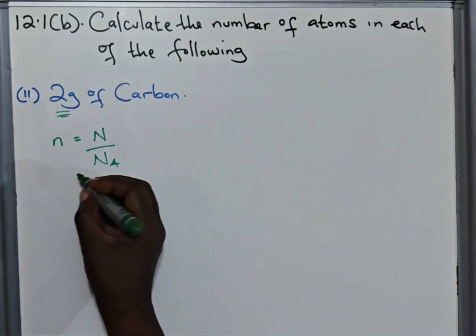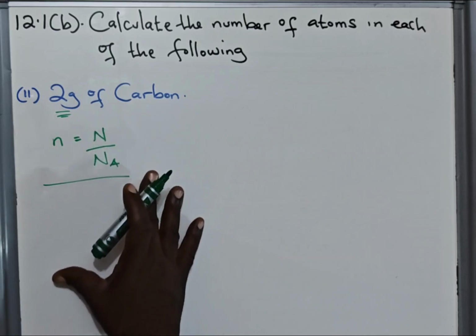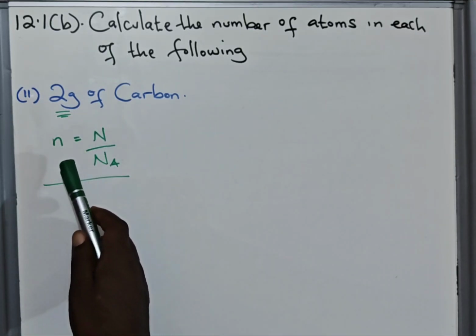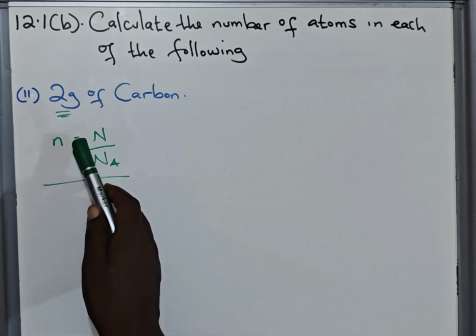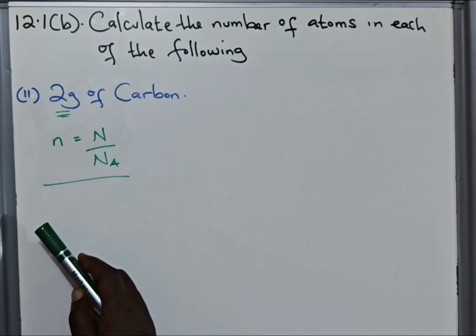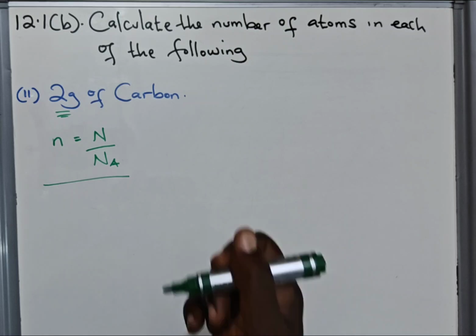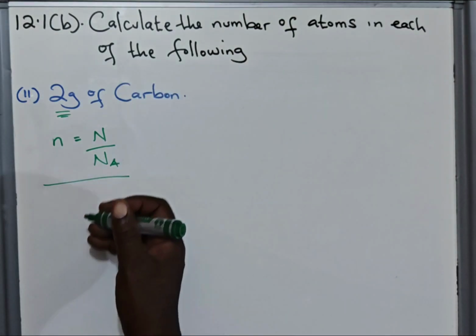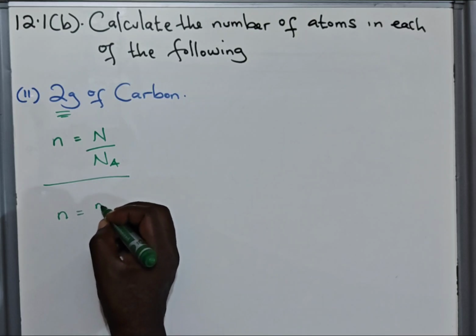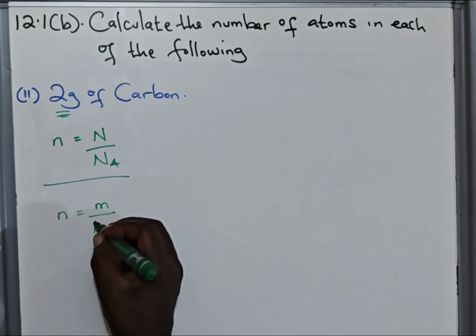When you analyze this equation, what do you notice? We don't have mass anywhere. But we can get number of moles from the mass. There is a relationship: number of moles is equal to mass over molar mass.